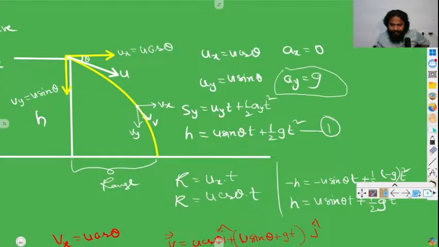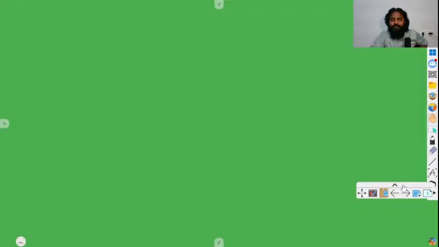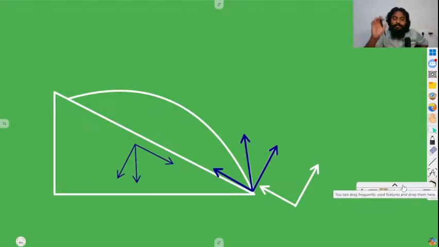And next, coming to projecting from an inclination, projecting from a plane of inclination. Now what we are doing is projecting from a certain inclination. Imagine with u velocity you are projecting.